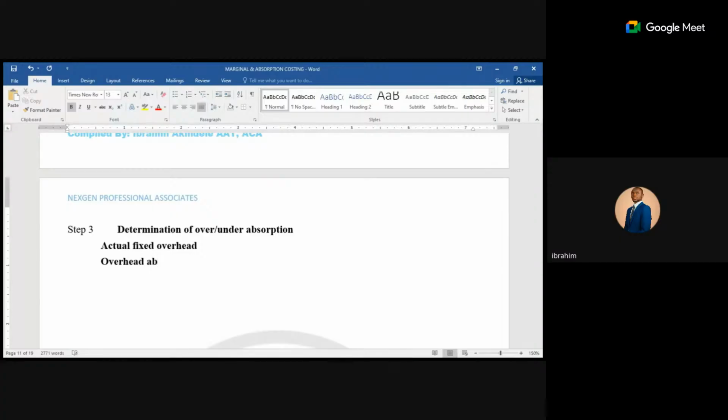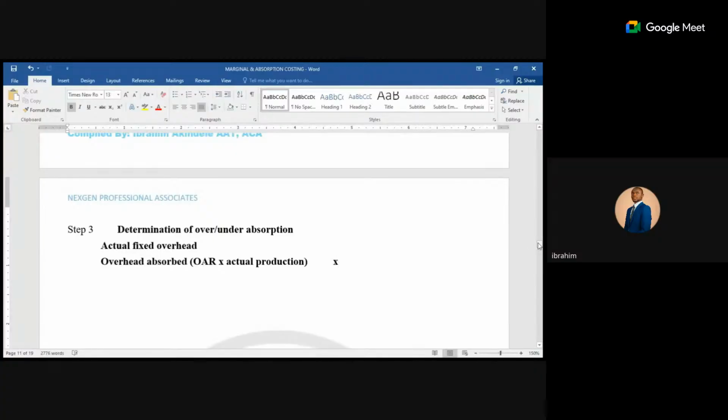So don't forget that it is calculated as OAR times the actual production, so that the budgeted will have an element of actual. So you can now compare, right? You cannot compare Michael and Emmy. They must have something in common.